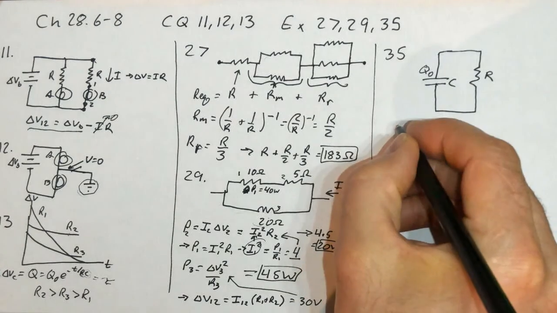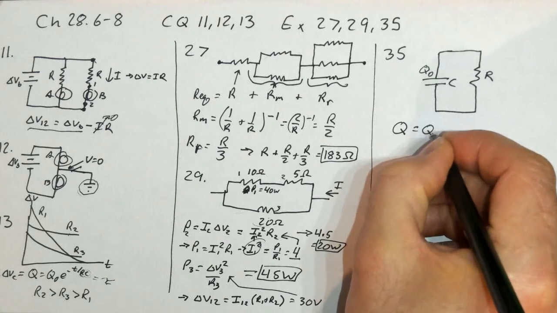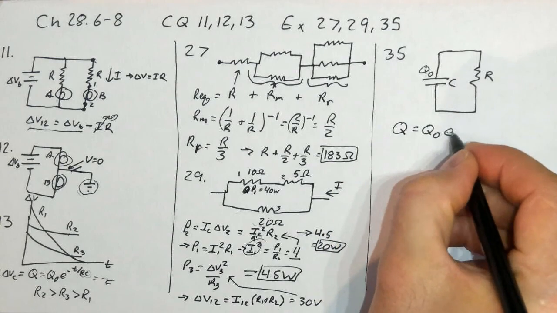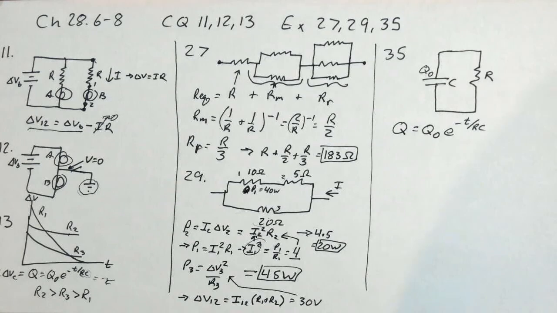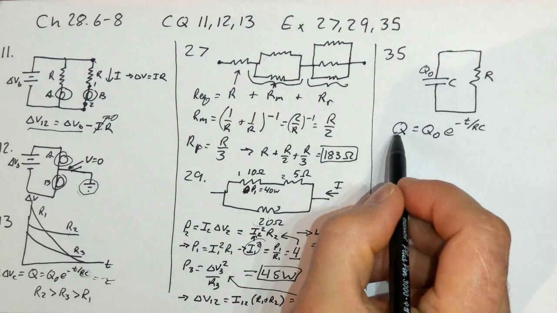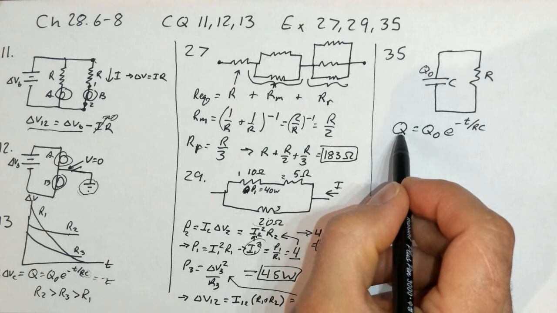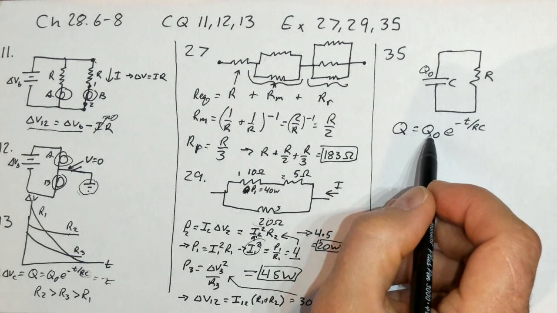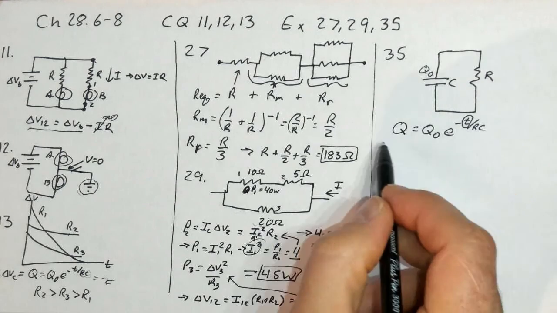Well, the relationship we know is that the charge on the capacitor at some time is equal to the initial charge times e to the negative t over tau, but tau is RC. So if this is the time we're looking for when this is 10 microcoulombs, when it started with 20 microcoulombs, we basically need to solve this for t. We know everything else.